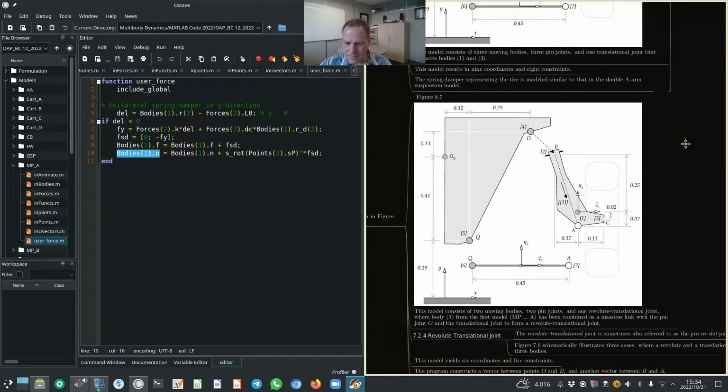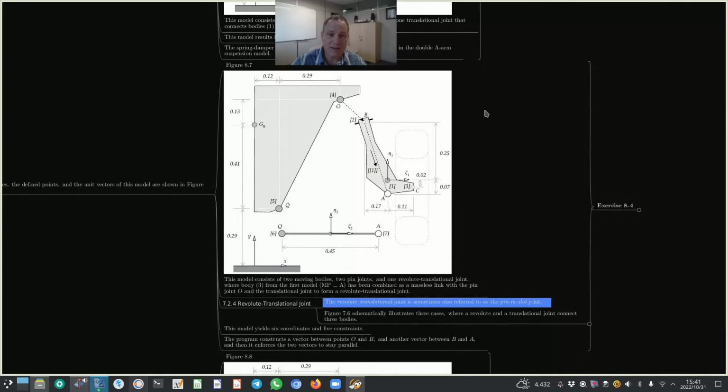Okay, so I'm referring back to lecture 5. What I didn't do in lecture 5 is explain the details of a revolute translational joint. In order to do that, we need to look at subsection 7.2.4. The revolute translational joint is sometimes also referred to as a pin in slot joint.